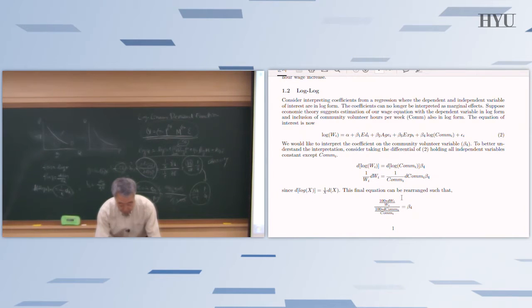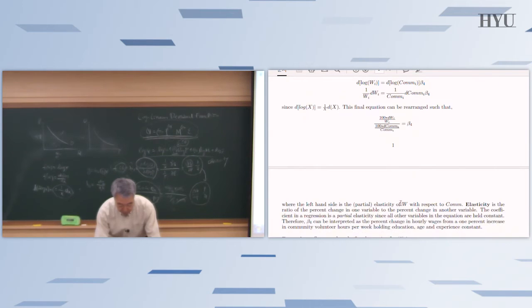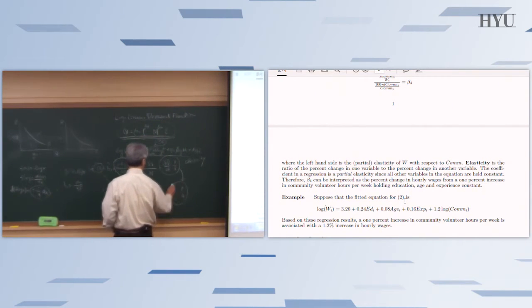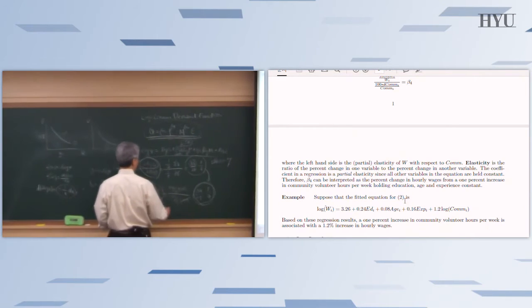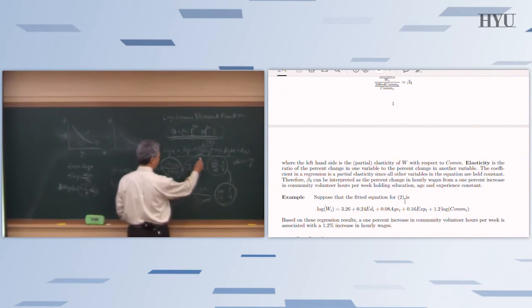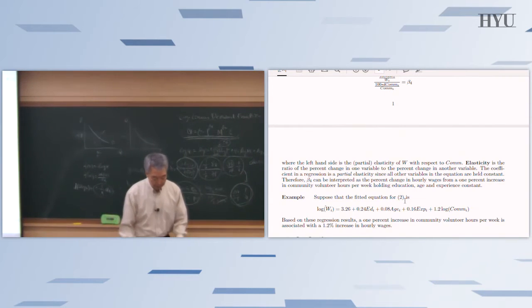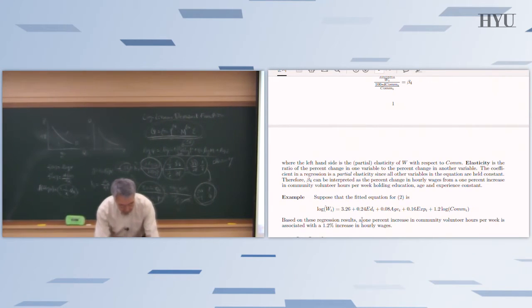Eventually they come up with this equation, which is the same thing as this expression. So here, a 1% increase in community volunteer hours per week is associated with a 1.2% increase in hourly wages, because this coefficient is 1.2.